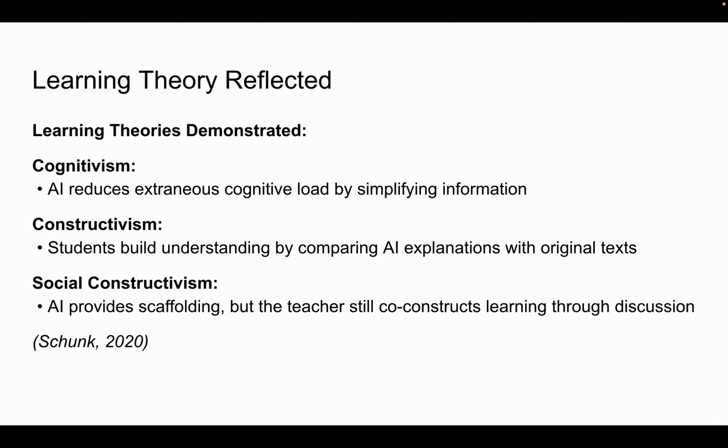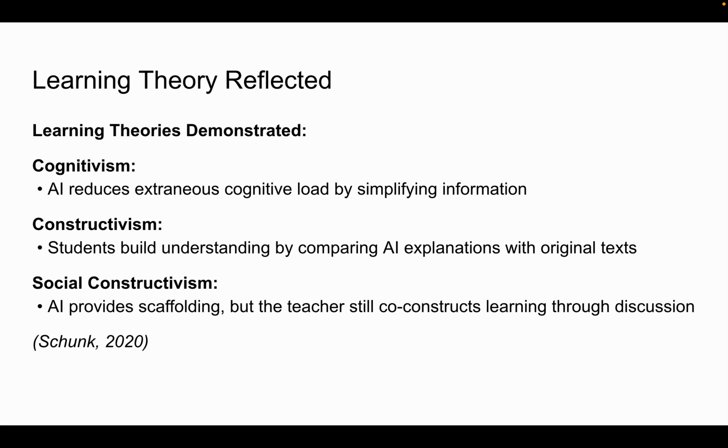Learning theory reflected. The strategies in this article connect to several learning theories. First, cognitivism appears when AI helps reduce unnecessary cognitive load. By simplifying information, students can focus more on understanding and less on decoding language.